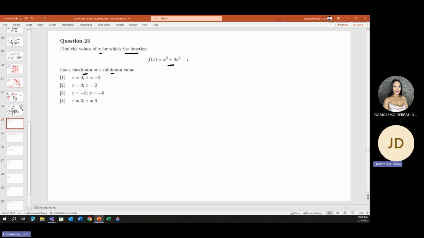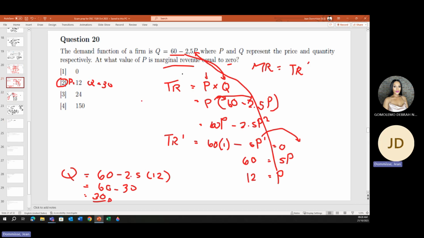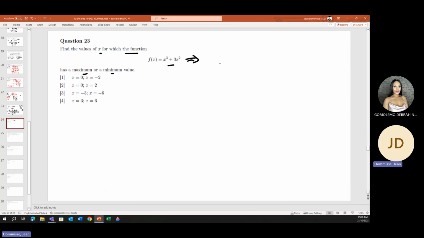Okay, so again, to get to maximum or minimum values, like we did in all of these, we nearly need to take your first derivative of that. So we will need to look at differentiation of this function, which is not too bad.